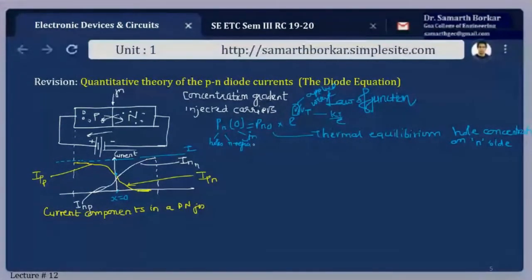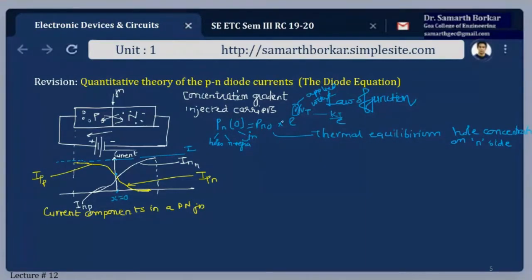So Pn of 0 depends exponentially on V, e raised to V. To understand this a different way, voltage is a kind of pressure applied for charges to flow. If I have a higher voltage, I apply more pressure, and the more the pressure, the more it forces the holes to move into this N region. Similarly, the number of holes in the N region will depend upon how much voltage we are applying.